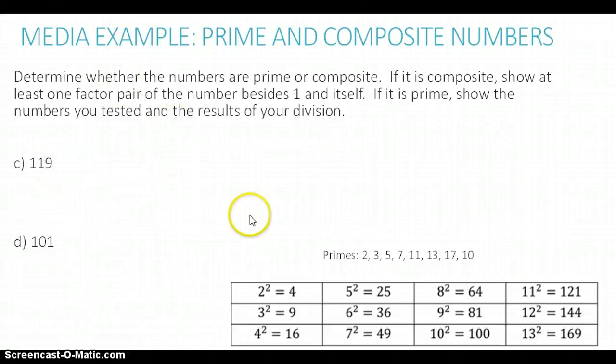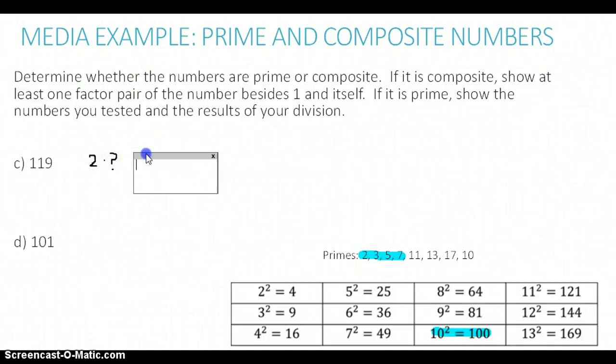So we have 119. Going to the table, 119 is between 100 and 121, which is here. So we have to check prime numbers less than 10. And notice there's just 4 of them. Remember, 2 and 5 are always easy. So 119, is it divisible by 2? We could say, no, it's not even.